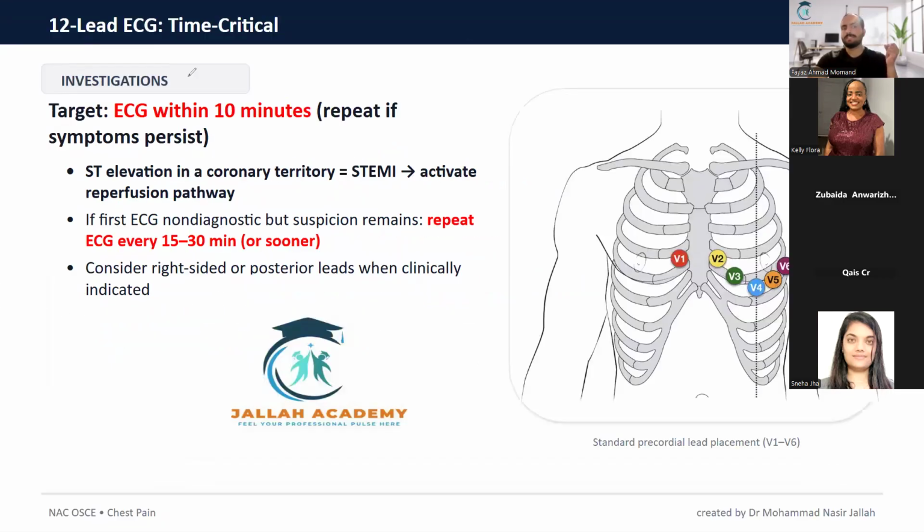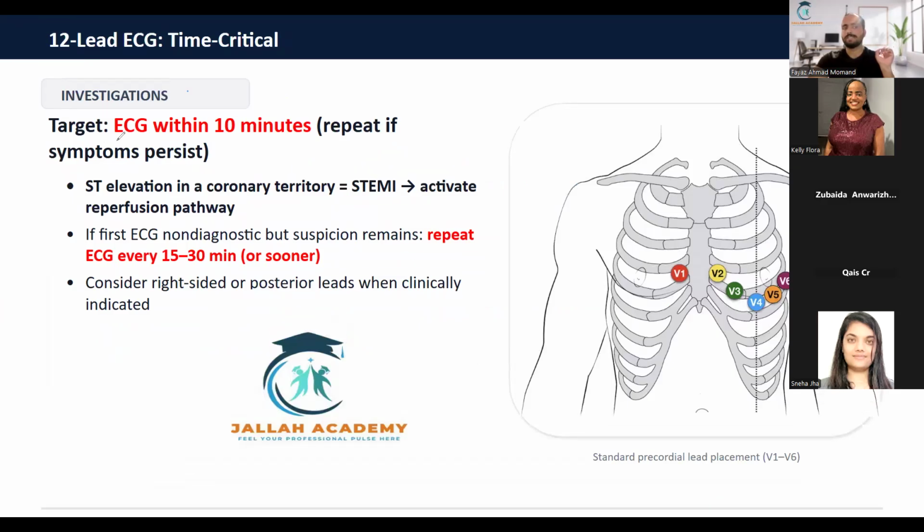Now, imaging or investigations. Our target is to get the patient to an EKG within 10 minutes. The first ECG should be done on arrival, within the first 10 minutes, and then we can repeat it every 15 to 30 minutes, or sooner if there is suspicion for an ischemic event. If the patient has changes in leads 2, 3, aVF, or the inferior leads, do a posterior or right-sided ECG.